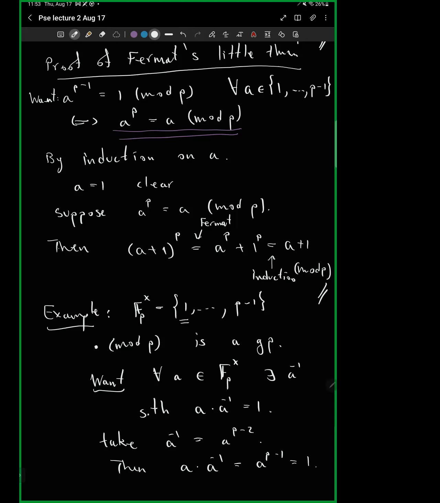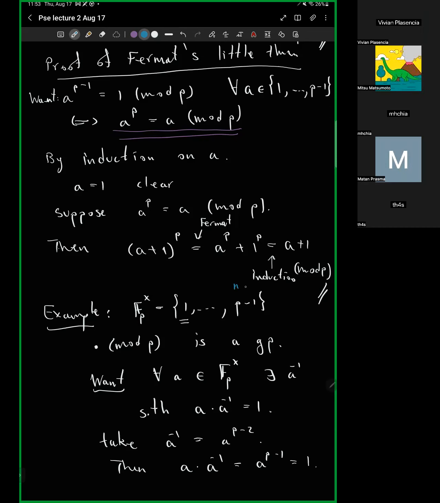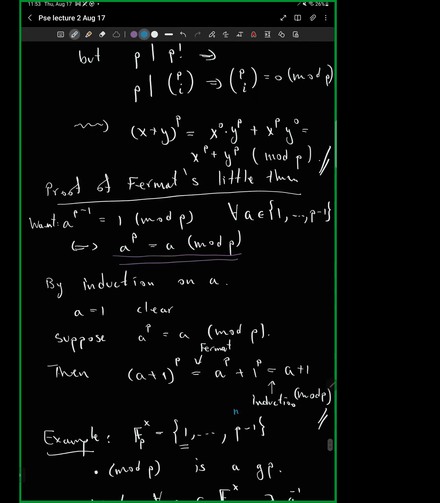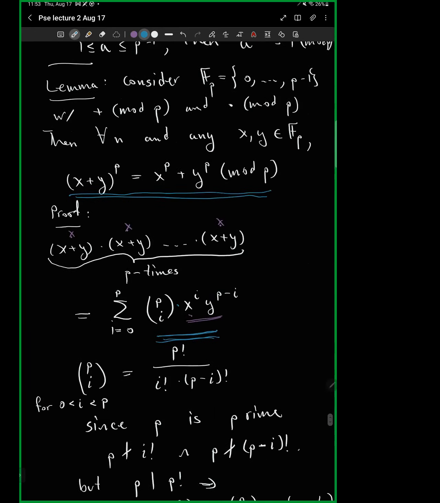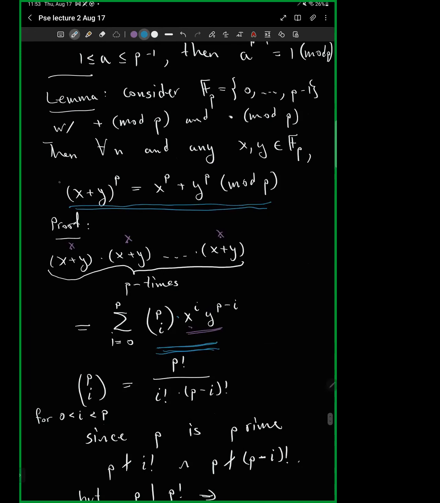So everything here in terms of operations could have been defined for any natural number n instead of P, but this property will not be true if P is not a prime.